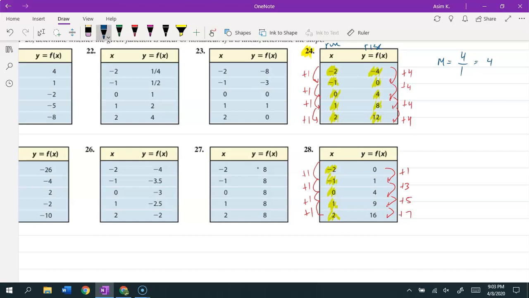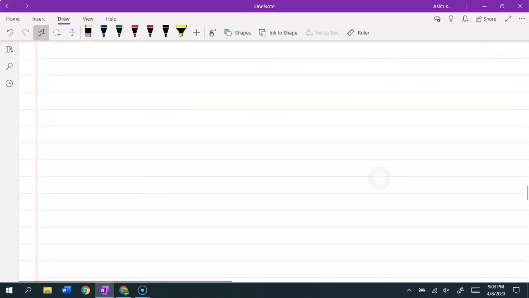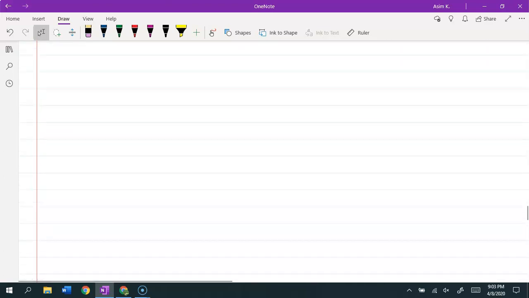That, although it's a pattern, is not the one we were looking for, because in this column right here, the change in the y's is not constant. And so what we're going to conclude is number 28 is not linear. It couldn't possibly be a line, because in a line, all the numbers in the right column need to be the same, and all the numbers in the left column need to be exactly the same as well.